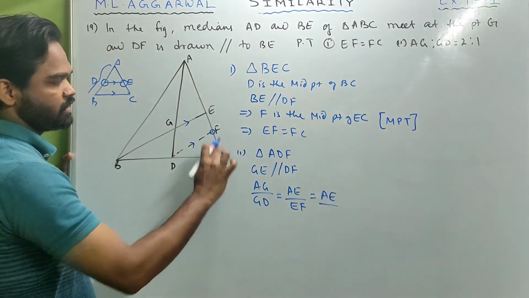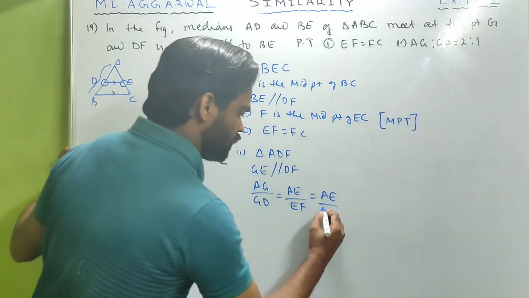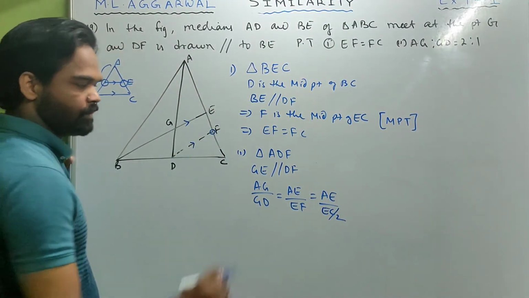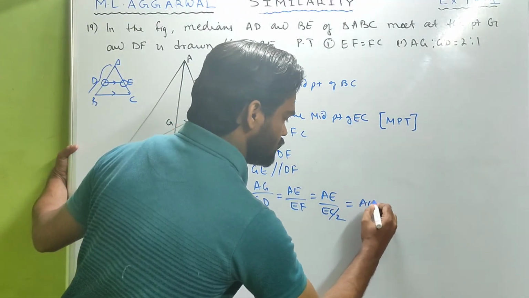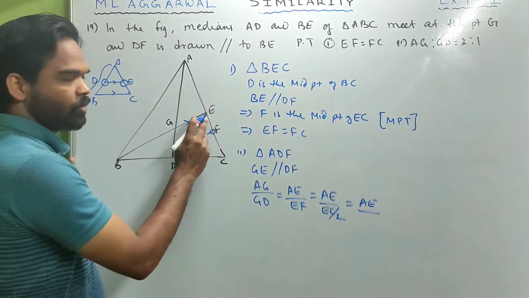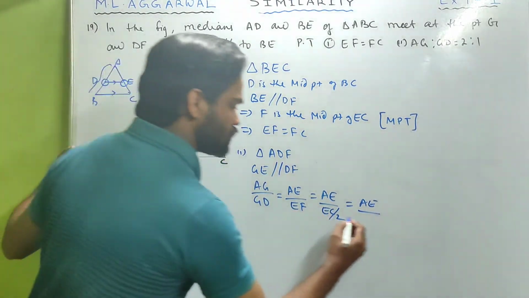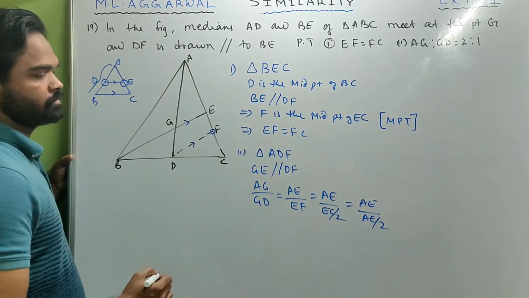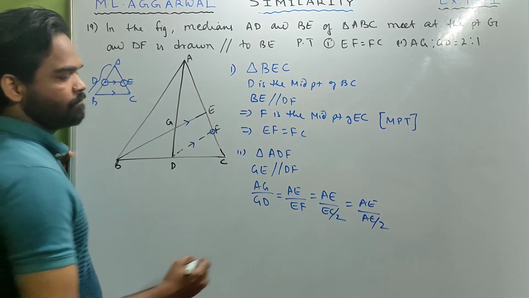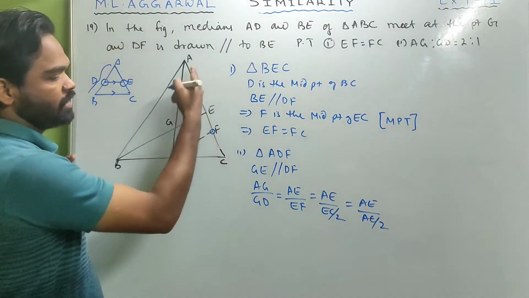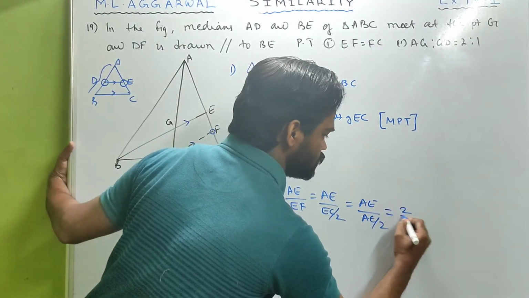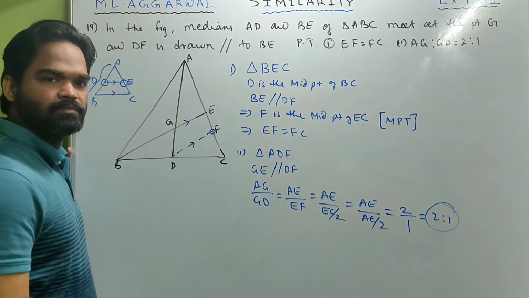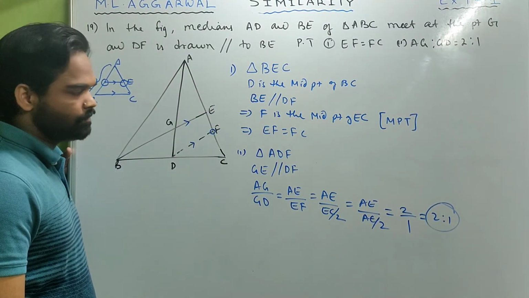EF can I write as half of EC, because EF and FC are the same. Now E is a midpoint, so AE and EC are equal, so this will be AE by 2, isn't it? So instead of EC, I wrote AE, so it becomes 2 by 1, so that's 2 is to 1. Done. Pretty simple.